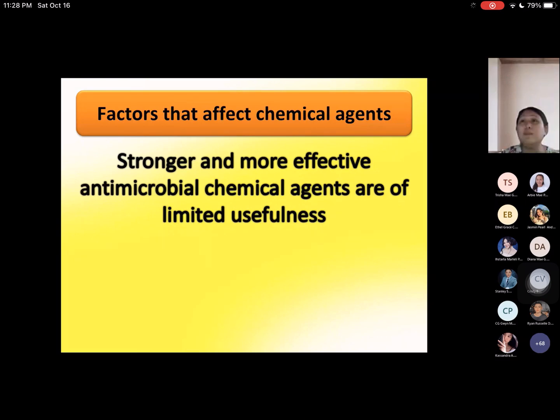They are now limited in use because there are chemicals that have less disadvantage on the part of the users or consumers. Many disinfectants are useful against pathogens in controlled conditions, but in the hospital they may have lesser effectiveness. So that's one of the factors that affect chemical agents.